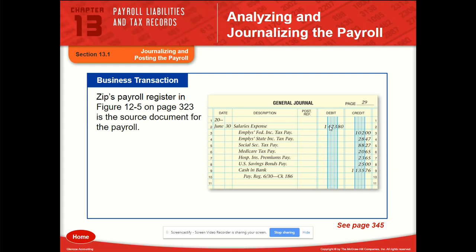In your general journal, you should see a debit of 1,423.80, and then you should see a credit of all those items listed out.